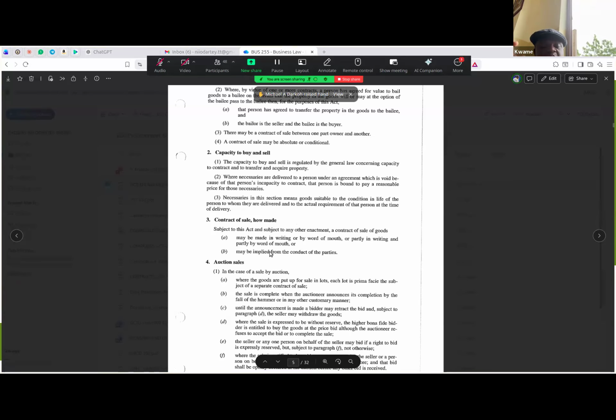All right. Now, the third issue that we see in section 1 is that a contract of sale can be conditional or can be absolute. Look at section 1, subsection 4. It is absolute when there's no problem, when you have concluded everything.